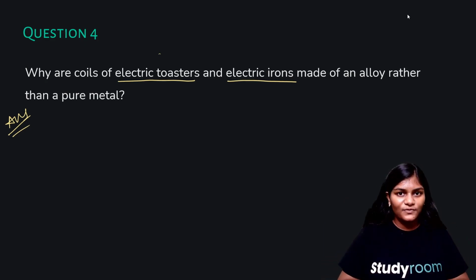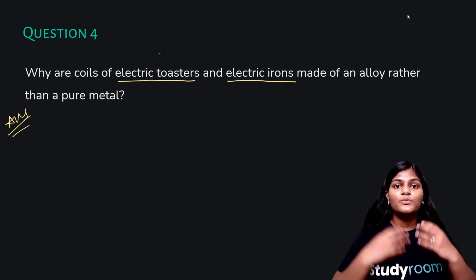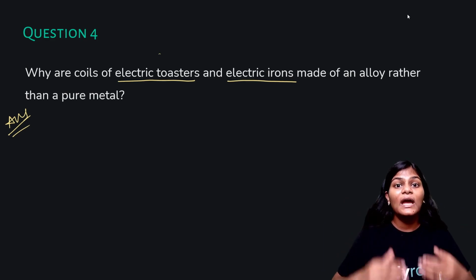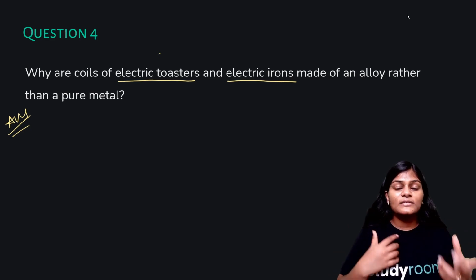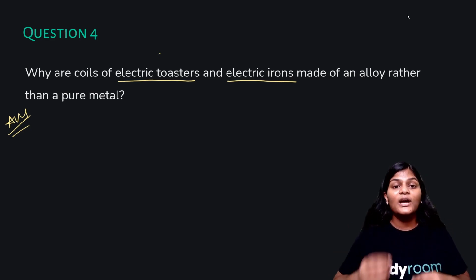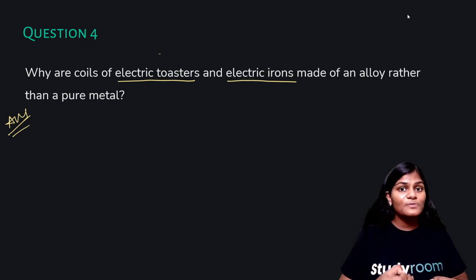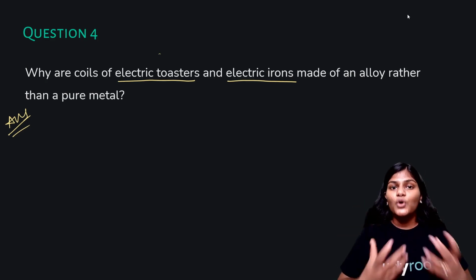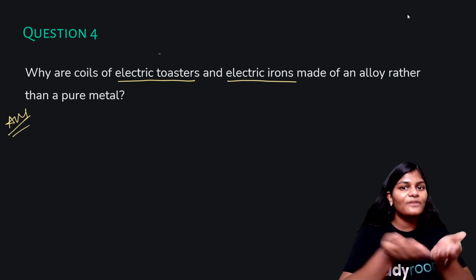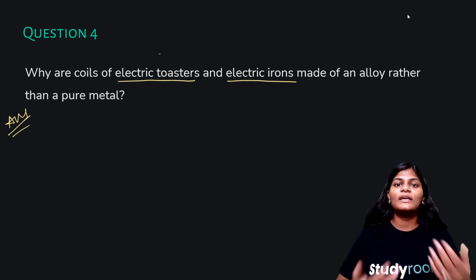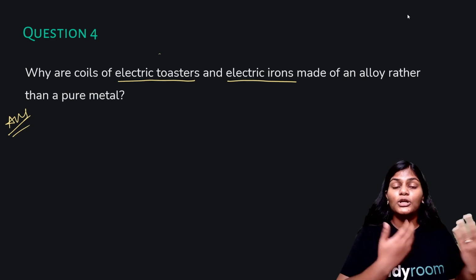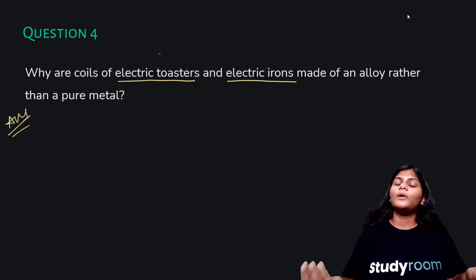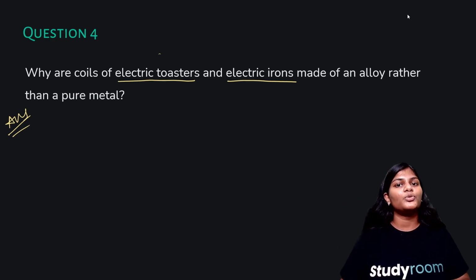So because of this, the wires which offer high resistivity become heated. You must have noted that some appliances after a long usage become heated. Alloys become heated very quickly. So in appliances where the main function is providing heat, why would you use a low resistance material? A low resistivity material would not provide any resistance. Current would flow through it, so the wire would not get heated up.